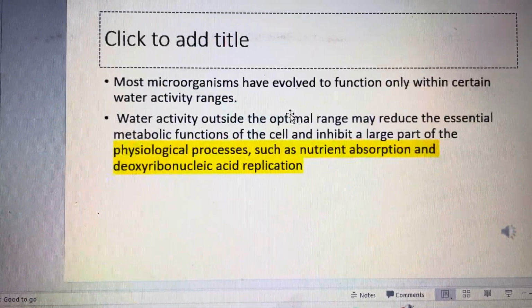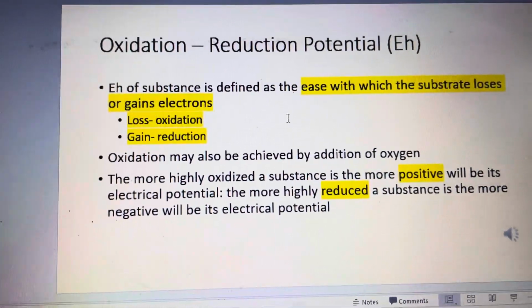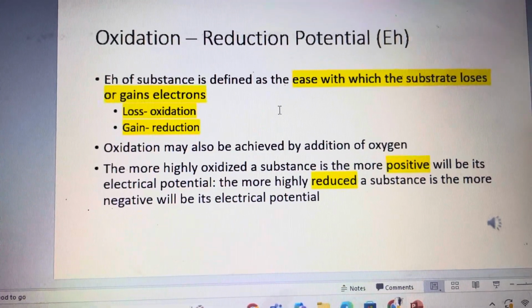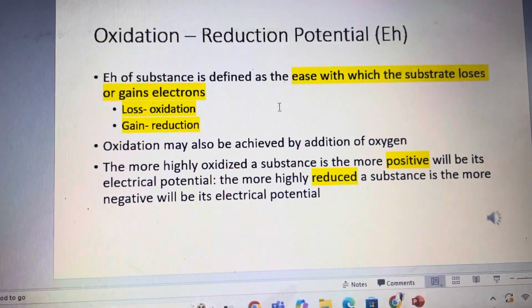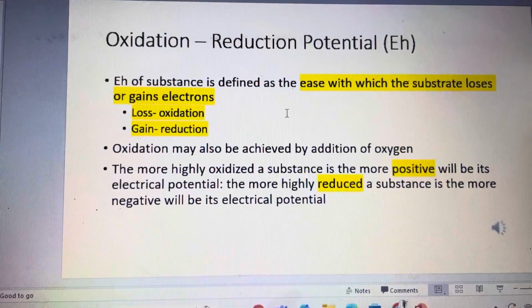Another factor is oxidation reduction potential. When a food gains or loses electrons, that is called reduction.